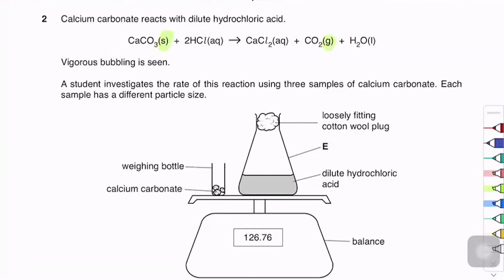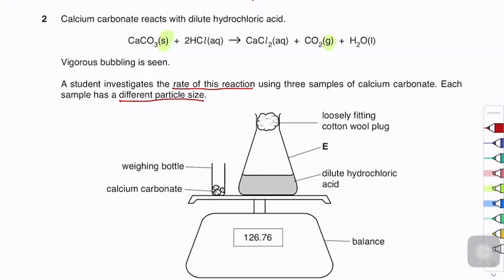A student investigates the rate of this reaction using 3 samples of calcium carbonate. Each sample has a different particle size. So that is the factor that they're going to use for rate of reaction. This is a rate of reaction chapter, and they want to do different particle size. That quickly tells me that I'm going to get differently sized particles, maybe a powder, maybe some granules.